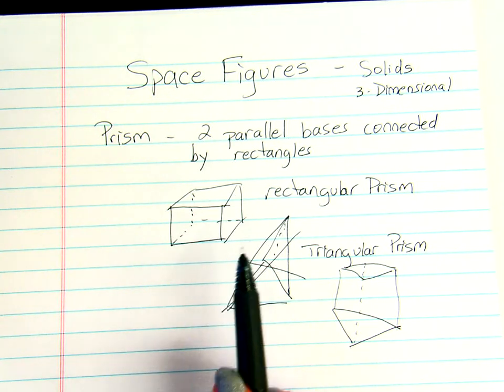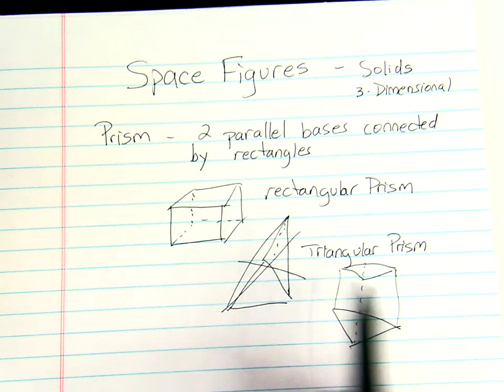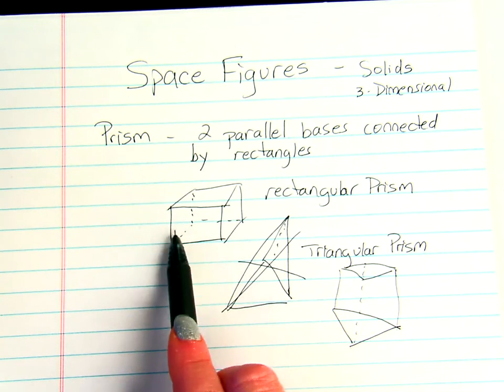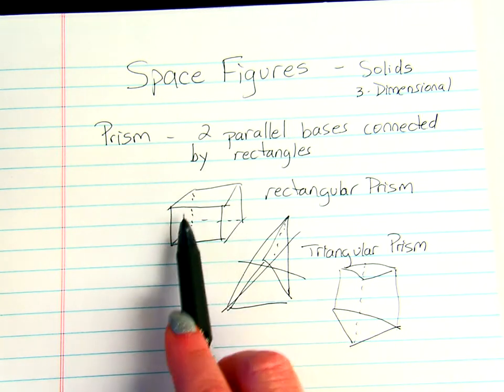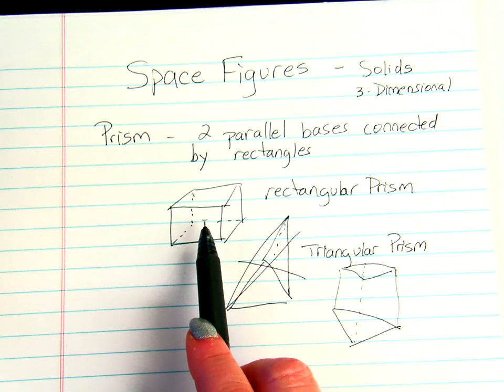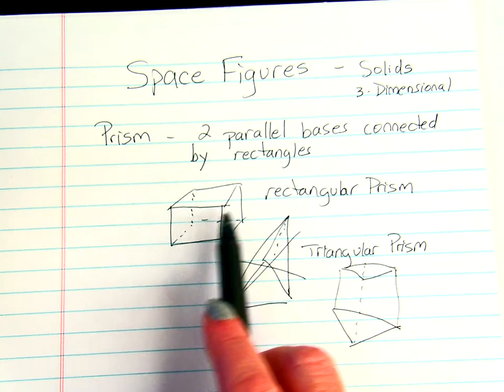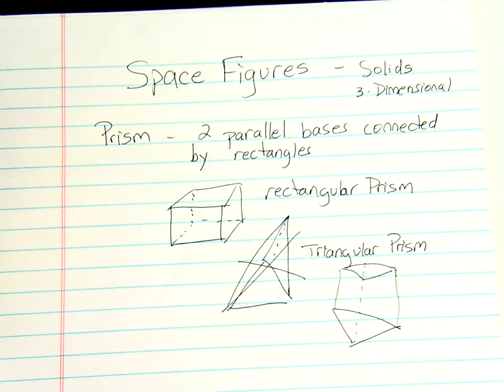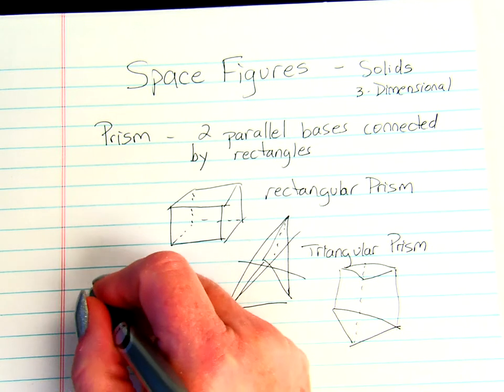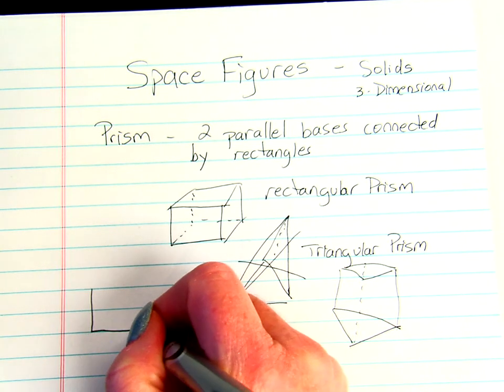So the other type of prism you could have is if you had all sides equal, then we could call that a cube. But if we don't have all sides equal, then it becomes a rectangular or a square prism. We can talk about that a little bit more also. It's a little easier when you can actually see it, and I'm really not able to draw it very well. I can try.